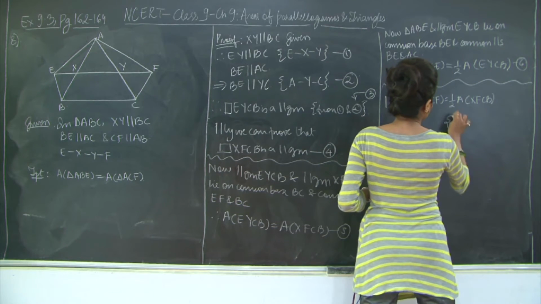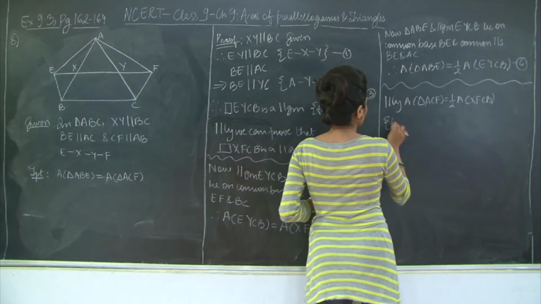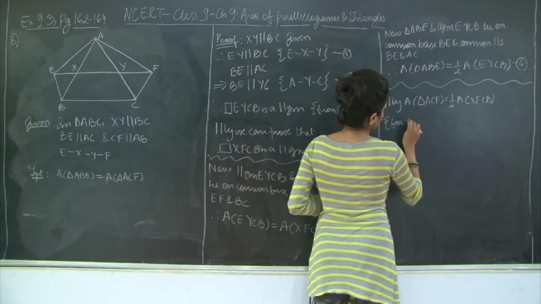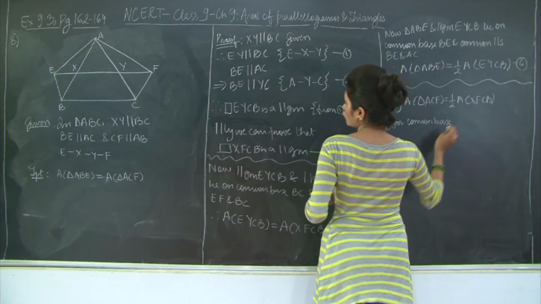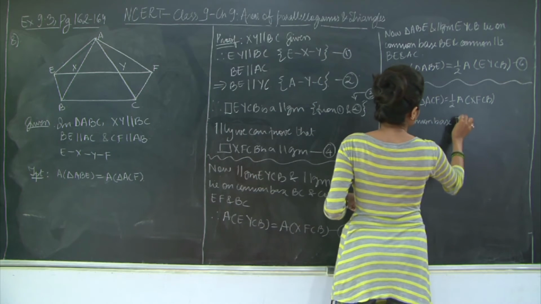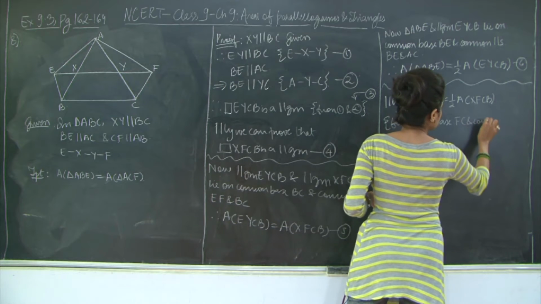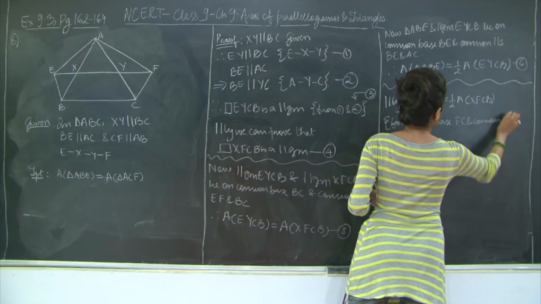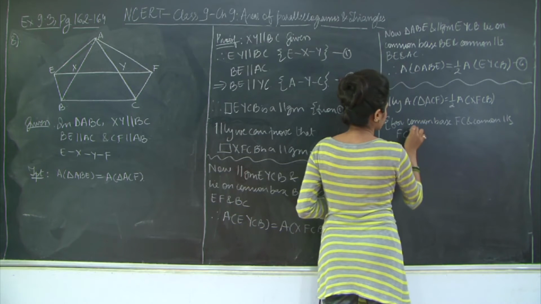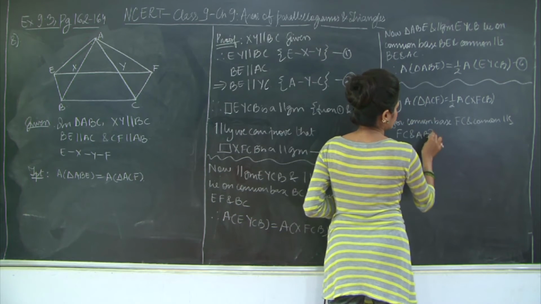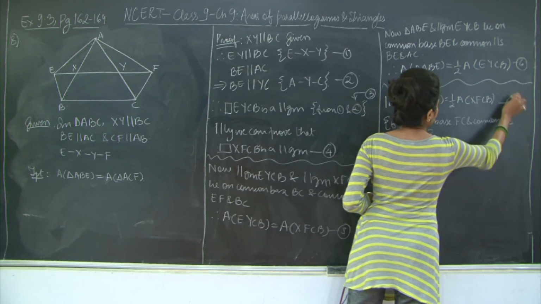So, your reason will be for common base. What is your common base? FC and common parallels FC and AB. Let's mark this as 7.